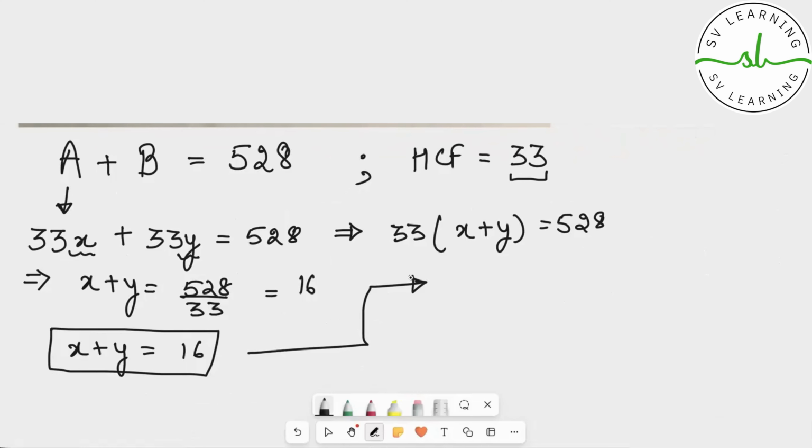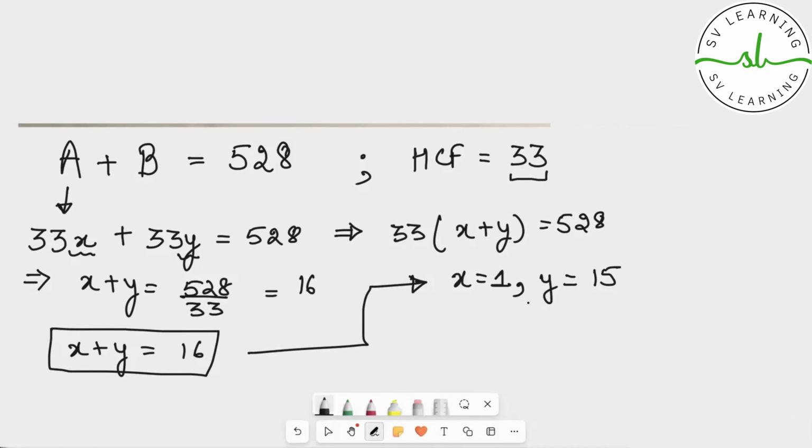So we will look at all the possible combinations. For example, let's say we start by taking x is equal to 1, then naturally y will be equal to 15 because we have to justify that x plus y is 16.